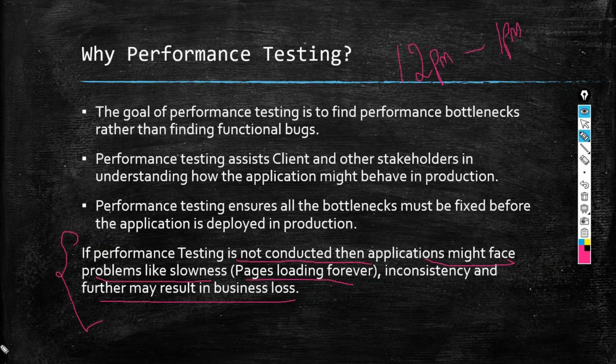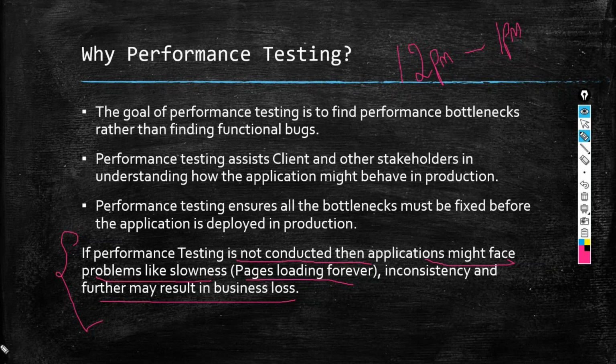What happened because of that? The application crashed. I don't know how many of you remember, the application crashed for the very first time when they introduced the big sale or festival sale. It incurred a huge loss to them. Why? Because they couldn't anticipate the number of users beforehand.